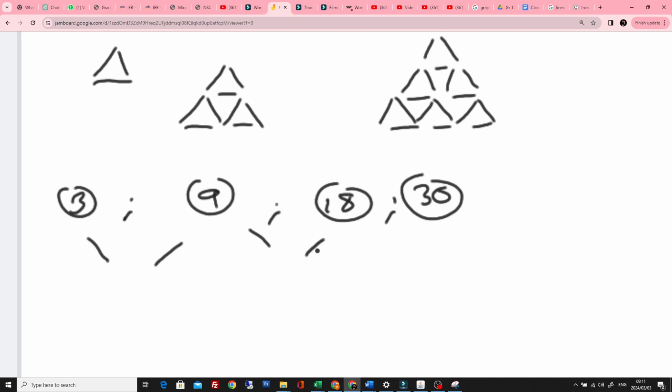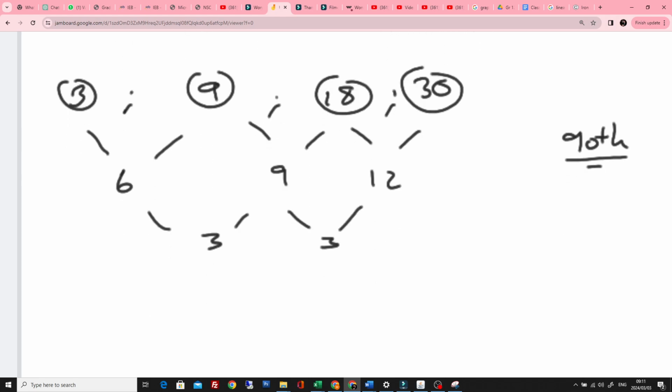And then you can see they might ask you to predict the 90th triangles amount, or the 90th iterations amount of sticks. So we might get this is 6, this is the 9, this should then be equal to 12. So you can see we have a constant second difference, and from there we can get a pattern as well.